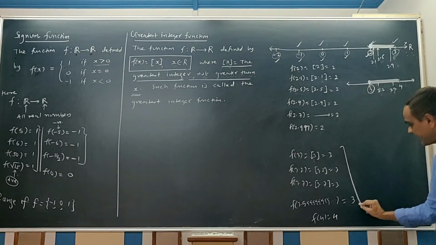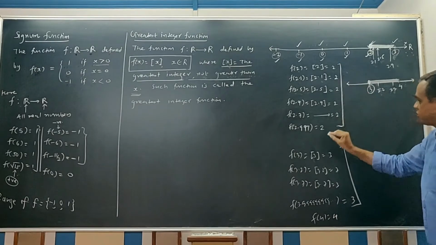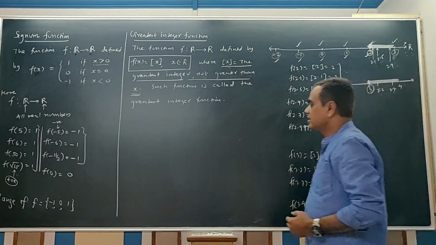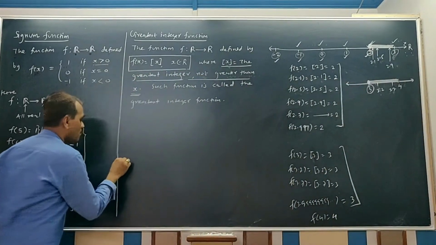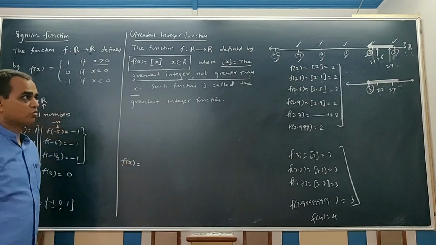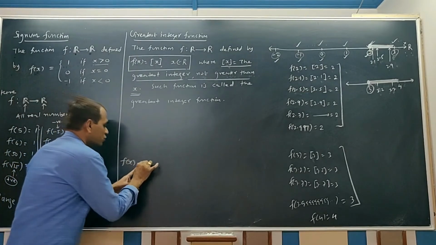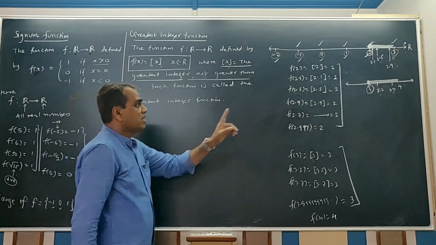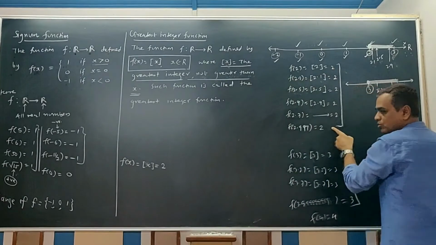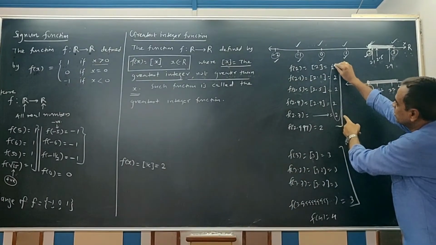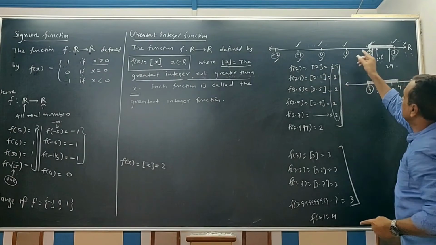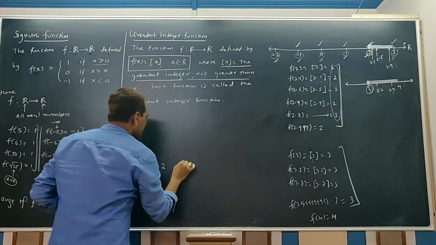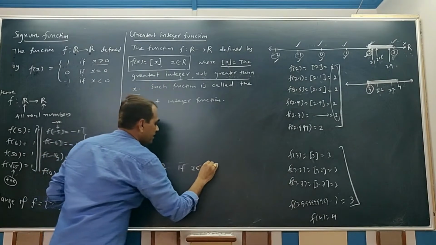So from this explanation, from this diagram, what we can say is that f(x) equal to the output is 2, box x equal to 2, f(x) equal to constant 2, if x is taken from this interval, taken from 2 to 3.